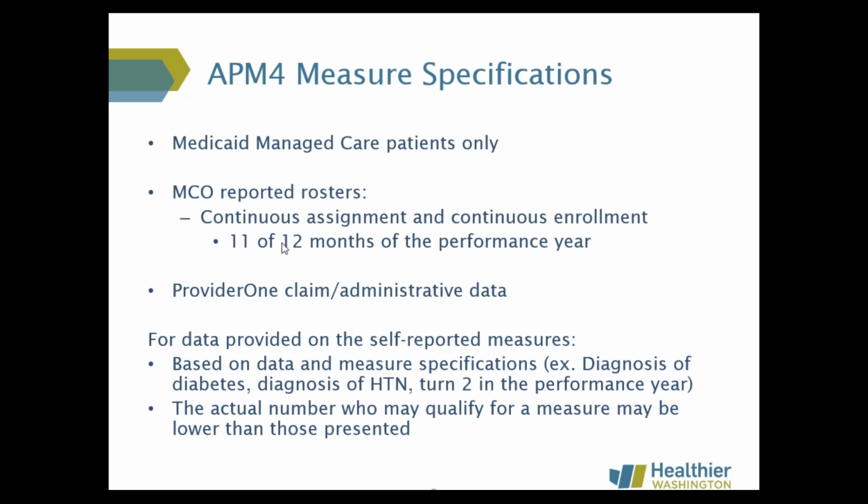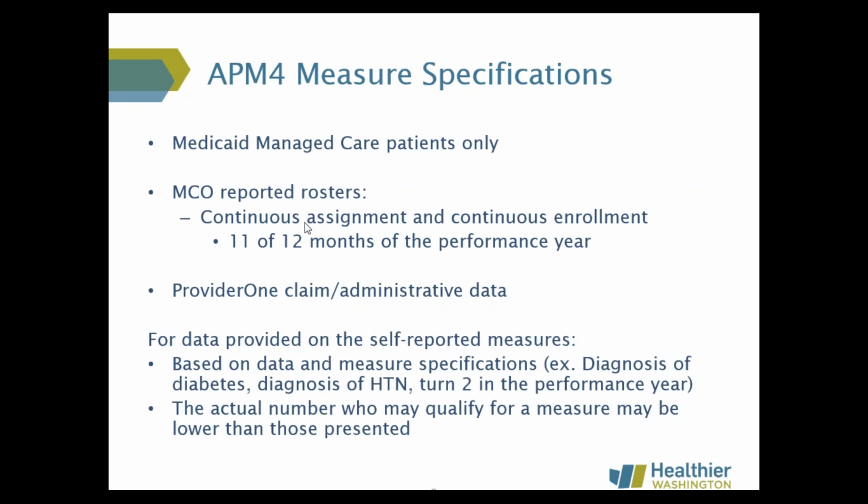So we use these monthly rosters to identify Medicaid enrollees that have been assigned continuously to an FQHC entity. We consider 11 out of 12 months of the measurement year for this continuous assignment criteria.